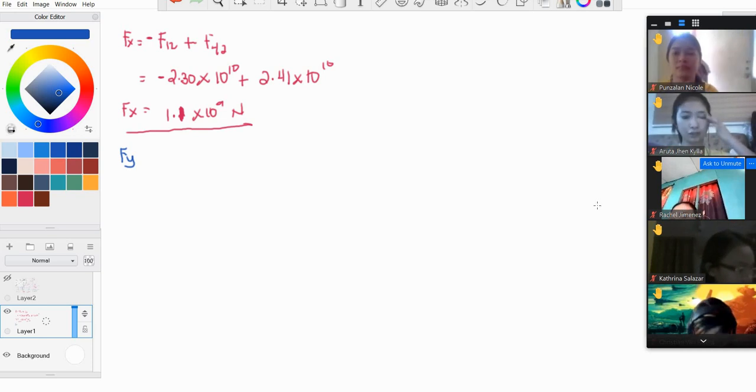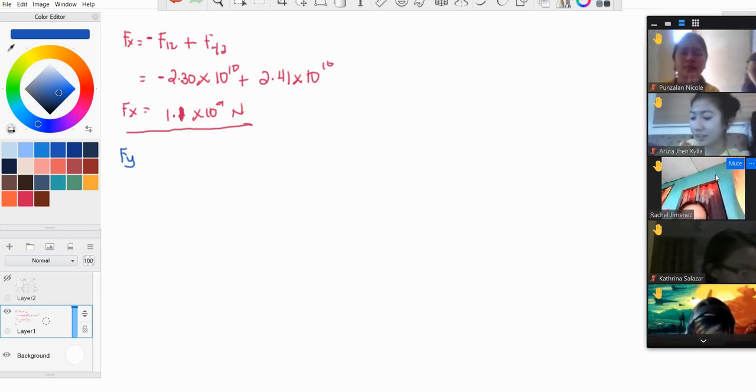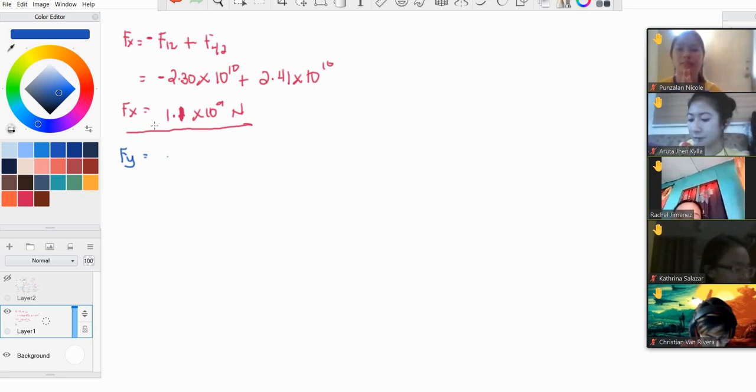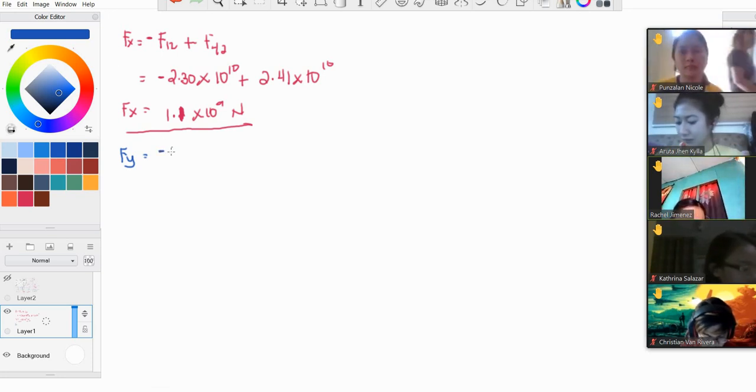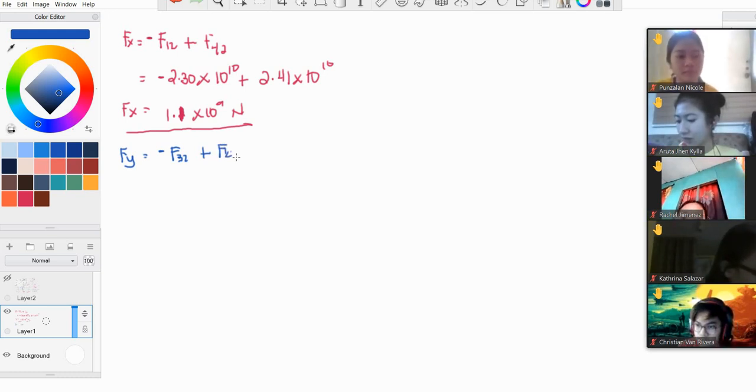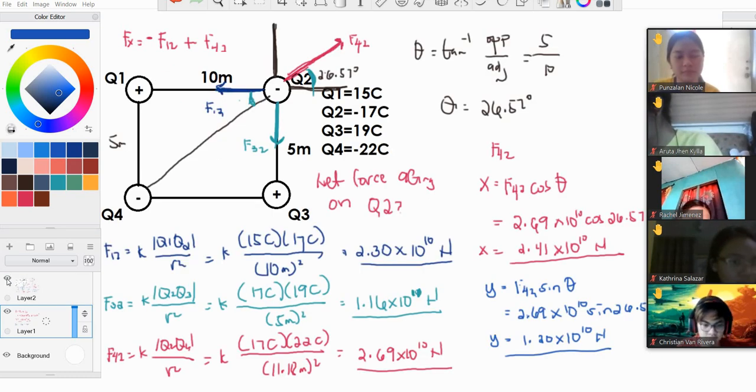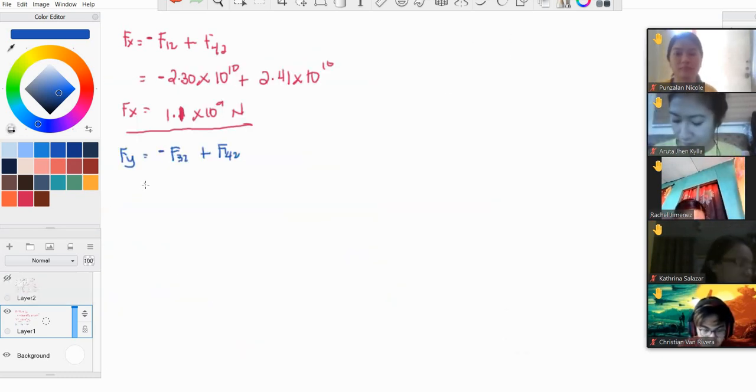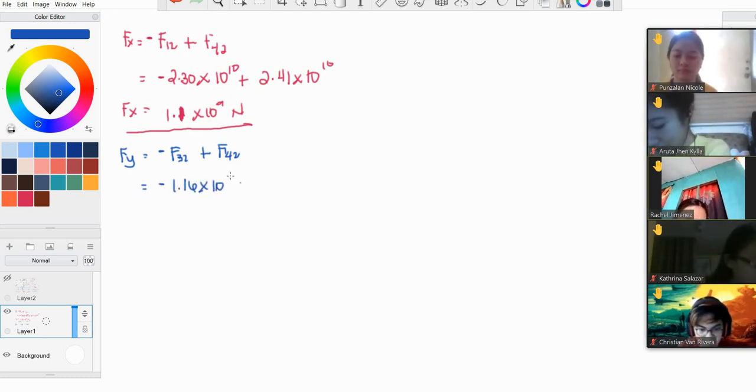Rachel. Fy is equal to negative F32 plus F42 po. F32, F42. Okay, correct. Negative 1.16 times 10 raised to 11 plus 1.20 times 10 raised to 10 po.